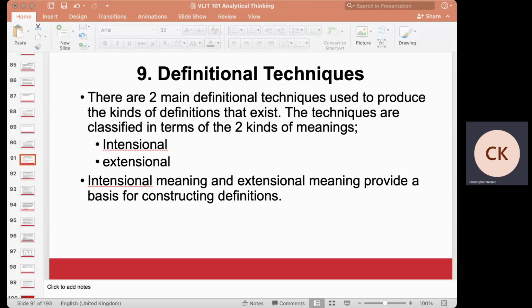We've looked at other examples like mobile phone. The connotative meaning is that it is an electronic device that is used to make and receive calls, messages, etc. Then when you are talking about the denotative meaning, then you are referring to the world, the class the particular term belongs to.